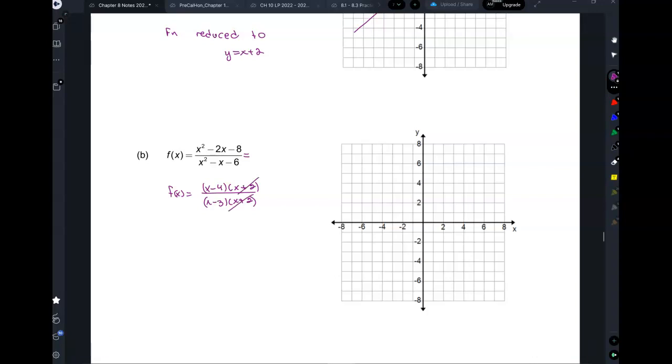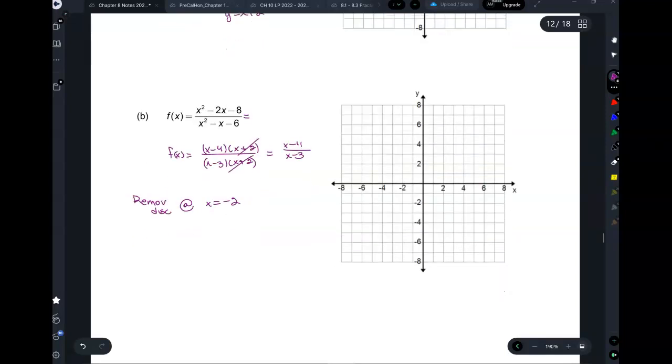Does the x minus 3 cancel? It does not. So this reduces to x minus 4 over x minus 3. So there is a removable discontinuity at x equals negative 2. You know how the x minus 3 never went away? That is a vertical asymptote. Yes. There is a vertical asymptote at x equals 3.